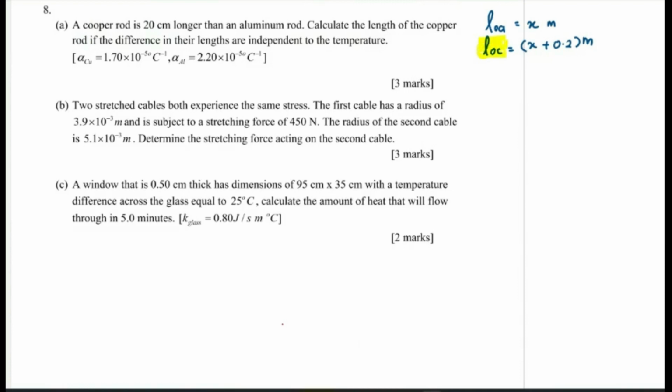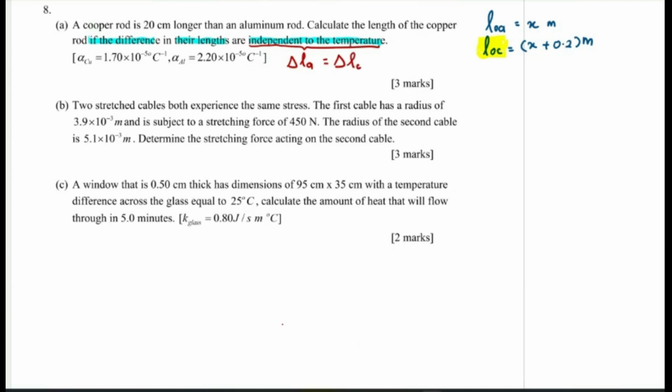Tapi kat soalan dia ada ayat, if the difference in their lengths are independent to the temperature. Ini yang ramai student tak tahu lah. Independent to the temperature bermaksud the delta L is constant. That means delta L untuk aluminium is equal to delta L for copper.